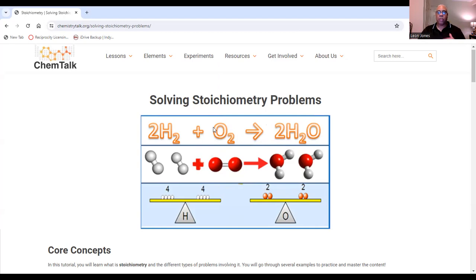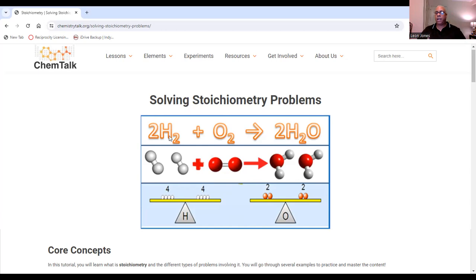Well, right here in front of your oxygen, there is no number for your coefficient. Well, that coefficient is really a one. And then the two right here, that is what we call your subscript. And subscript is very important because when I go and actually have to find the molecular weight, I'm going to take hydrogen, whose atomic number is one, but the atomic mass is 1.008.